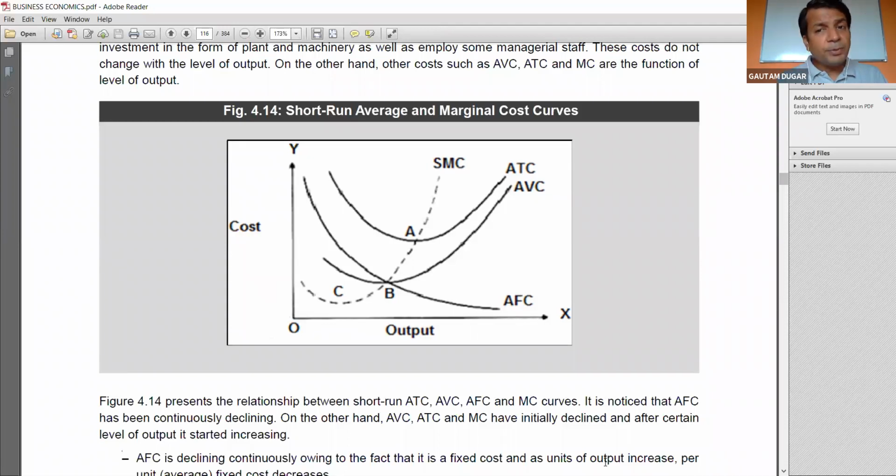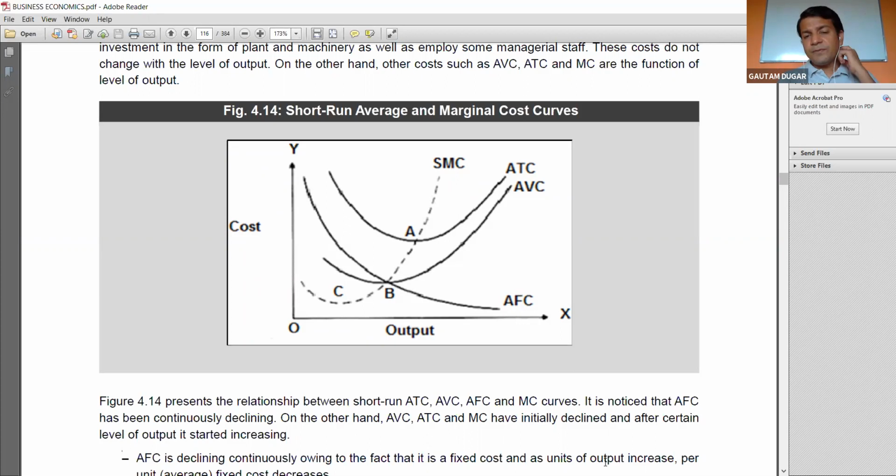At the minimum point of average cost, MC intersects AC, and thereafter, for a further range of output, both AC and MC are rising. But when they are rising, MC is greater than AC.